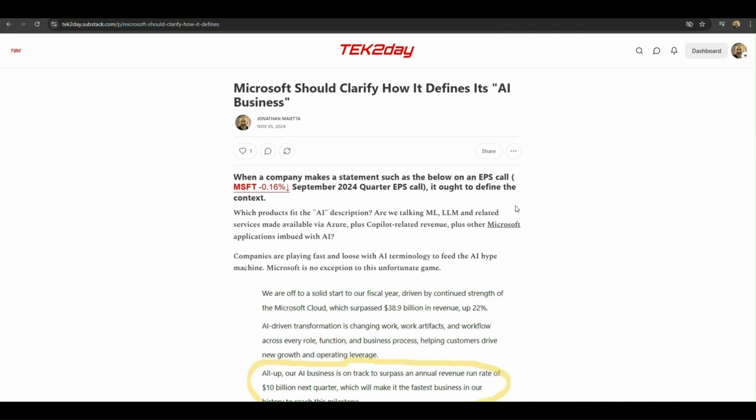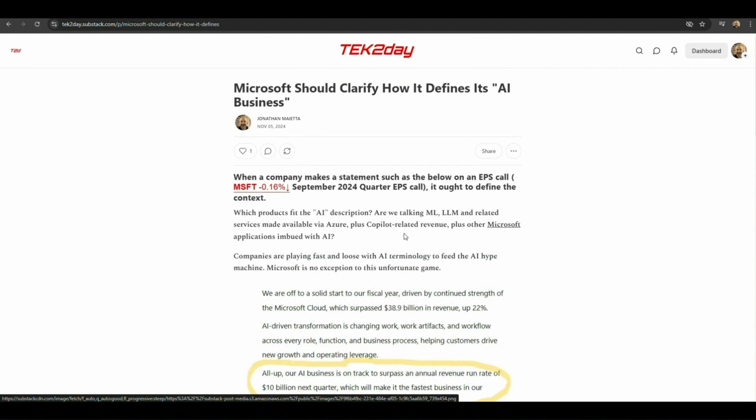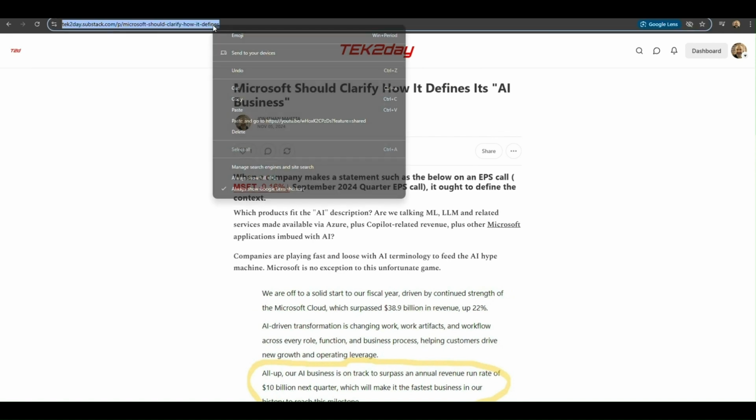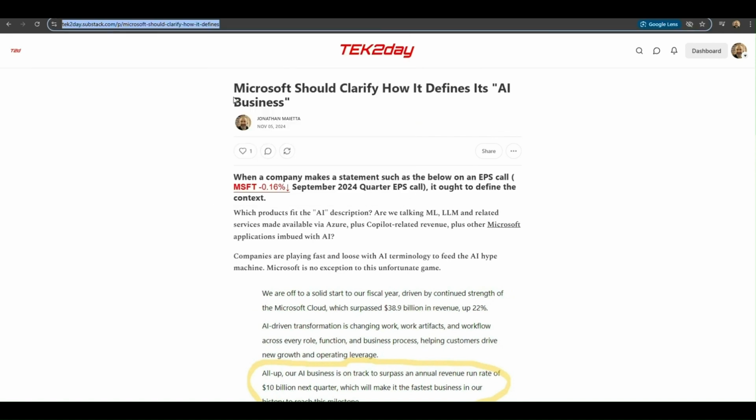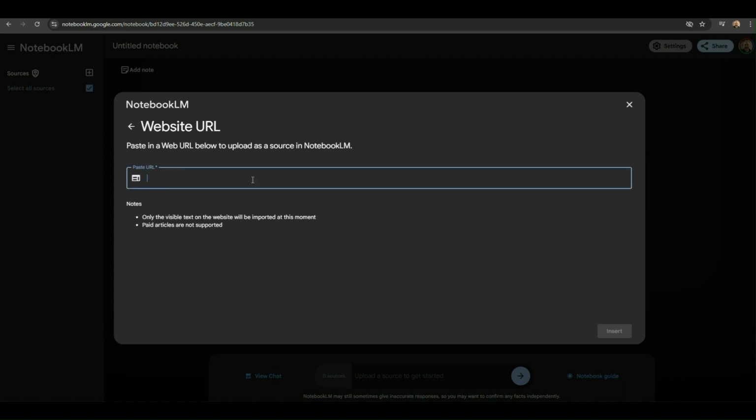I wonder how effective NotebookLM will be at ingesting the text piece, which should be easy, but then in combination with the image, let's see if it can capture that. So we'll grab the URL, go back to NotebookLM, Sources, and this time we're going to use the Tech2day website.